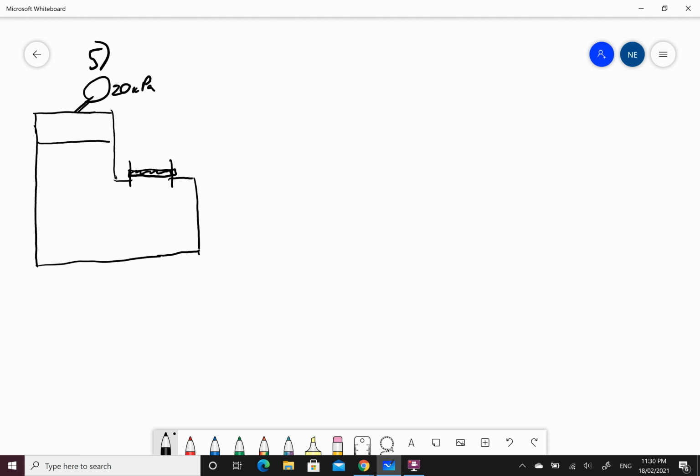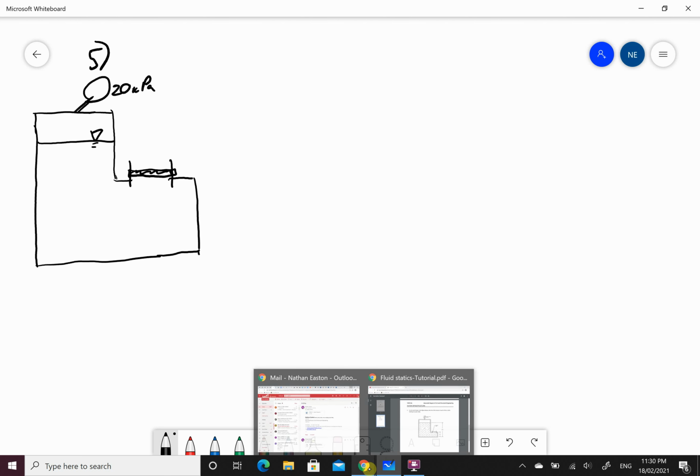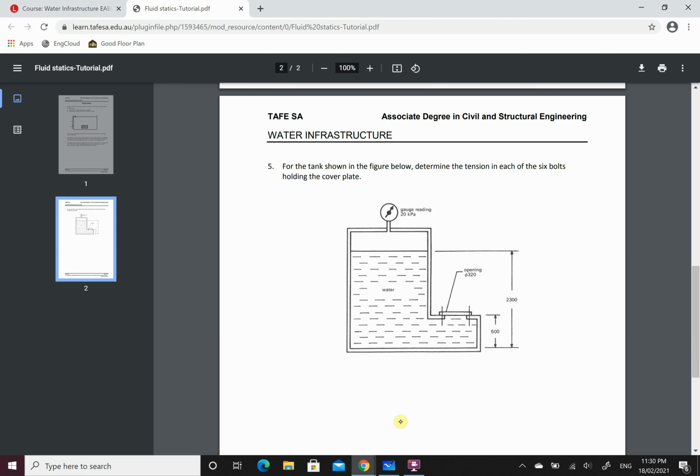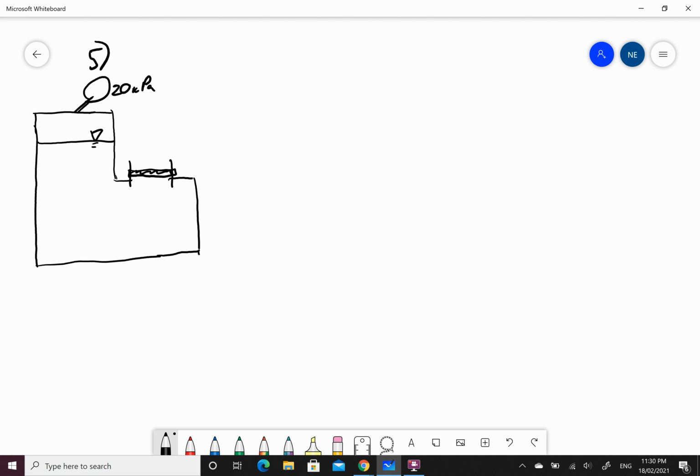I have a water level. So I'm just going back to the diagram. Water level is 2300, height 500, opening, and it's water. Okay. So from here to here, 2300, here to here, 500. This here had a diameter of 320. This here is all water, rho equals 1000.